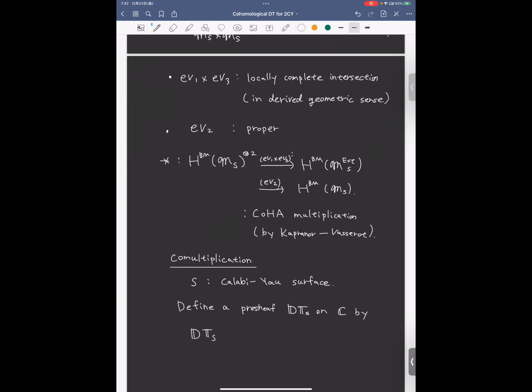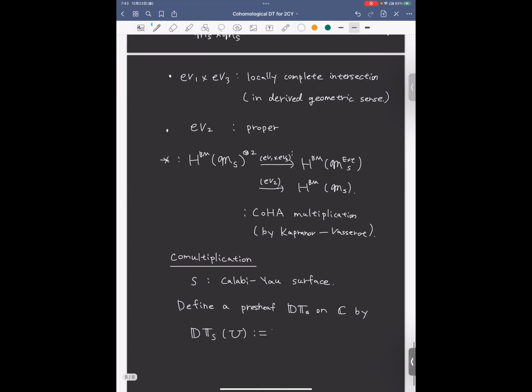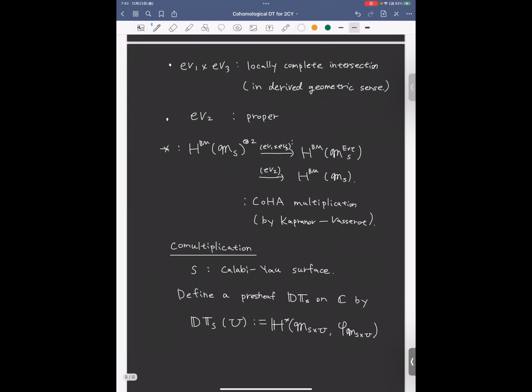The value of this presheaf at an open subset U is the hypercohomology of M of S times U and phi of M of S times U. Here, M of S times U is a complex analytic open substack of M of S times A^1.